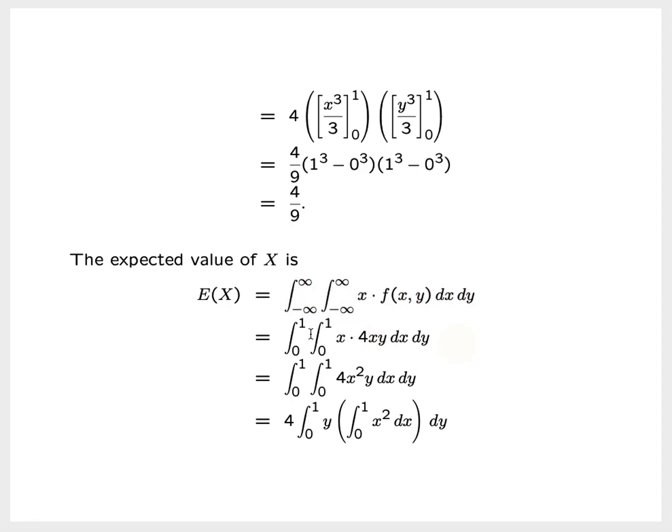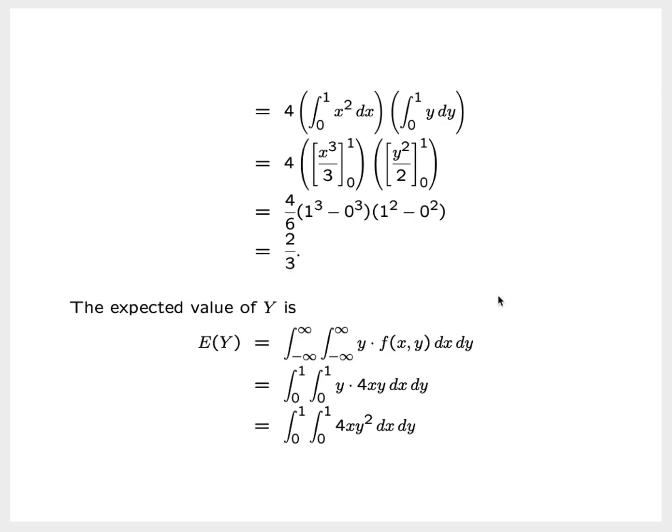That simplifies to the two-dimensional integral over the unit square of x times 4 times x times y. And then we're off to the races again. We've got everything we need. We can pull the 4 out and evaluate the double integral in the usual way. And this turns out to be 2/3, as you can see.